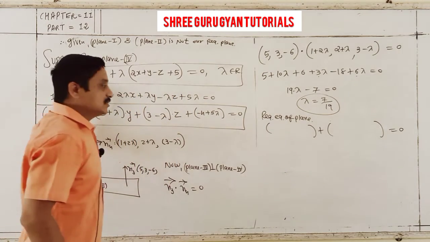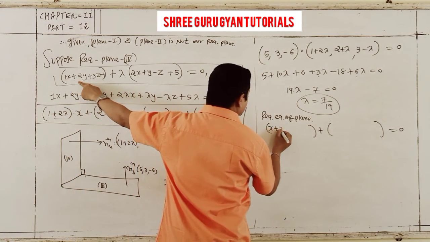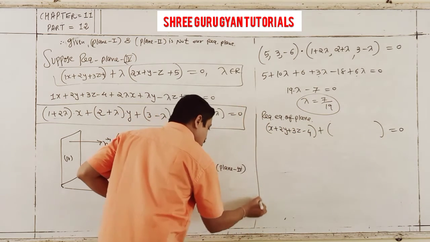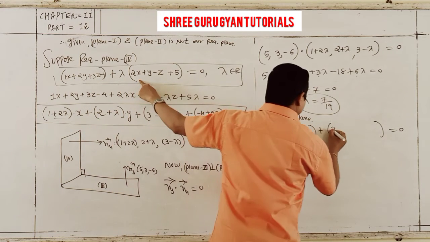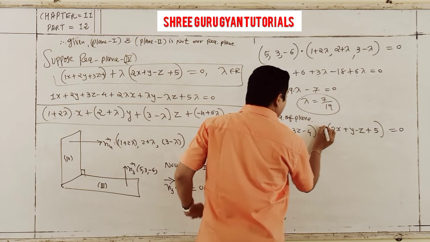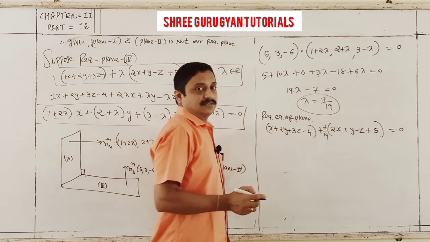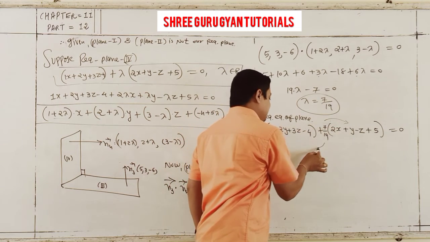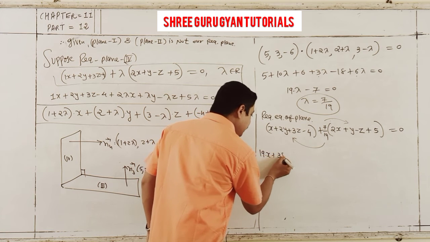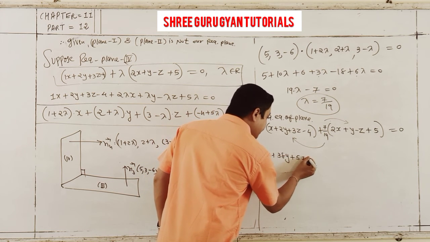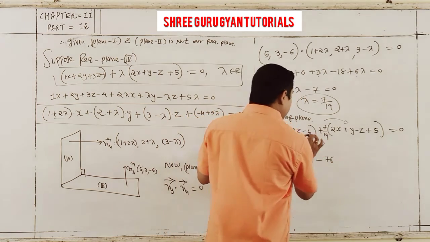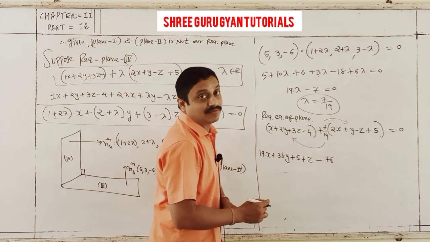That's your standard equation: x plus 2y plus 3z minus 4, and similarly here students 2x plus y minus z plus 5, and lambda you know is 7 by 19, just putting 7 multiplied inside, 19 multiplying that side. So 19 1s are 19, 2s are 38, 3s are 57z, and 19 4s are 76.